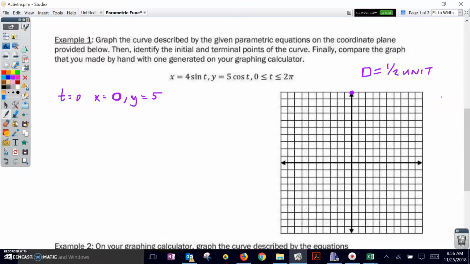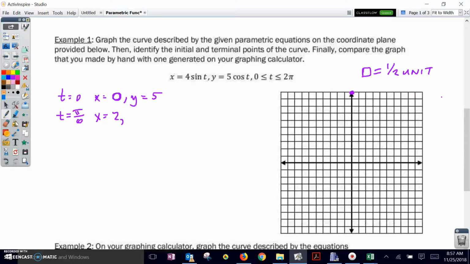And then we're going to cycle through various time values where we know the values of sine and cosine. For instance, at time pi over 6, x is going to be equal to 4 times the sine of pi over 6, which is 2.